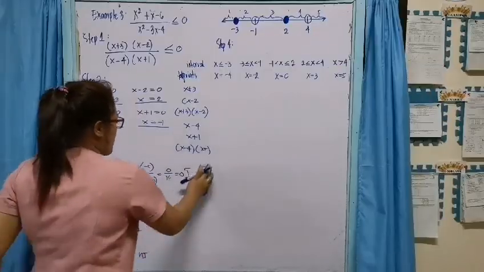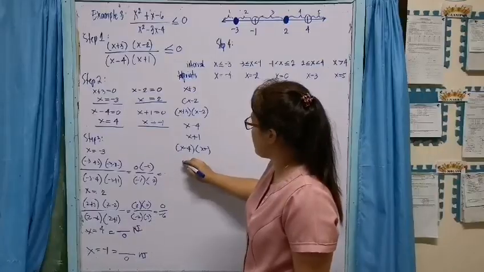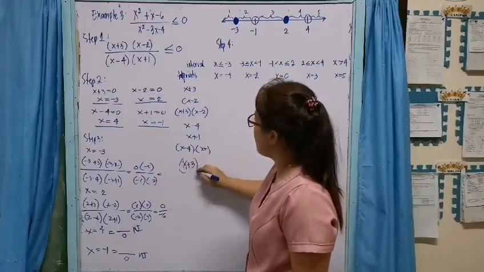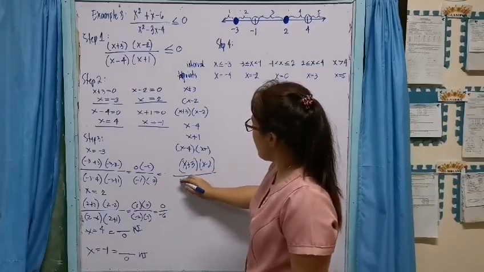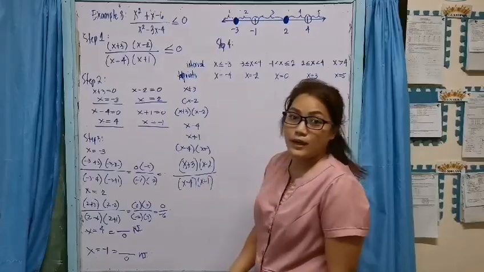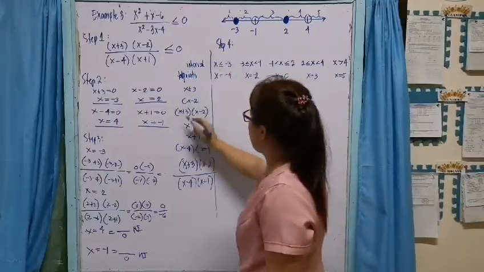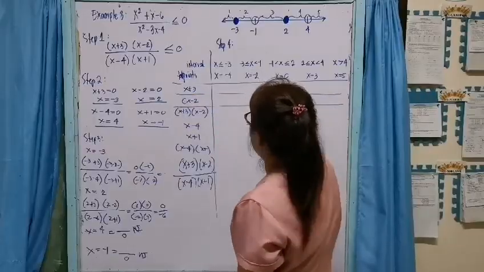And then the full expression, we have x plus 3, x minus 2 over x minus 4, and then x plus 1. So let's answer the table.